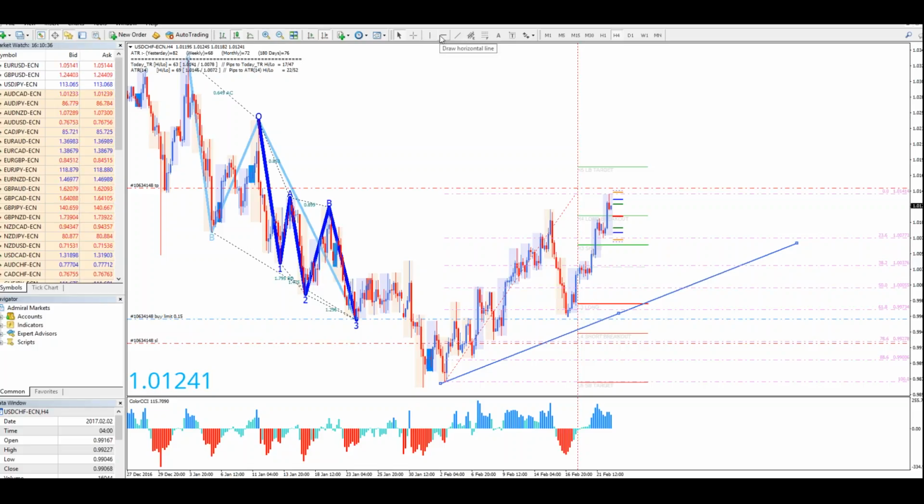Derek, this is the order block here. And for all of you who don't know what an order block is, this is an order block. The original definition says a bullish order block is the height of the bearish candle prior to the move up.